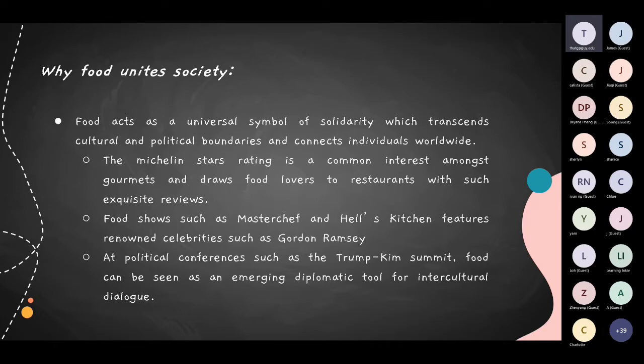Food shows are the same as the Michelin stars rating. And the last point, political conferences: the Trump-Kim Summit is an example of how food can act as a symbol of solidarity which transcends political boundaries. Food was seen as an emerging diplomatic tool for intercultural dialogue between North Korea and America during this summit.